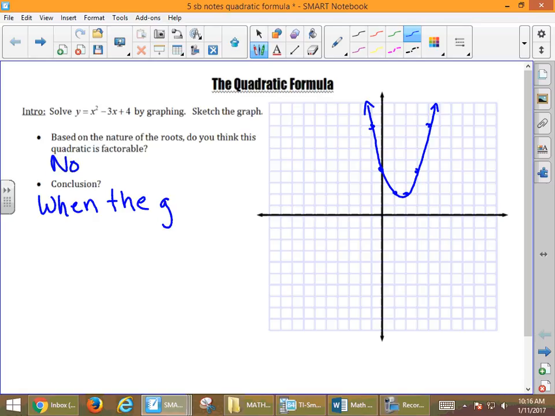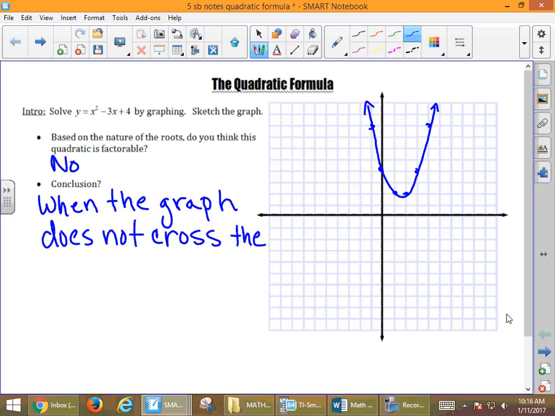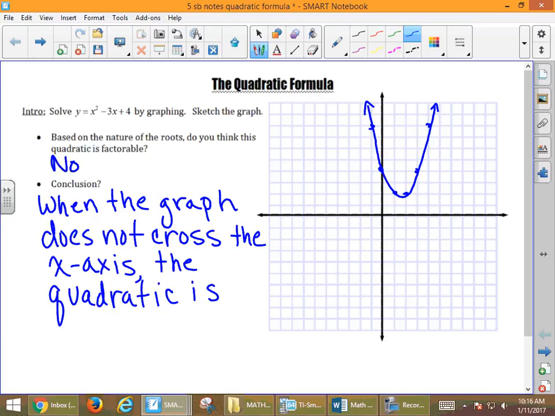Let's say when the graph does not cross the x-axis, the quadratic is not factorable.